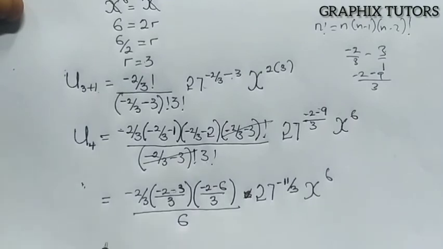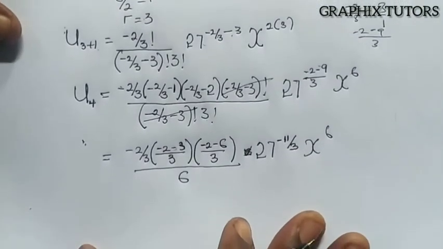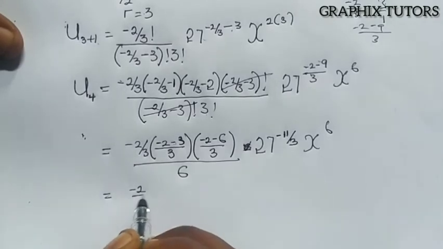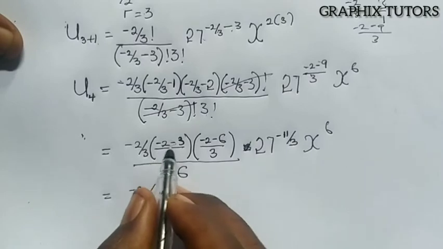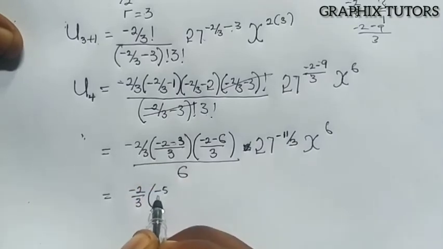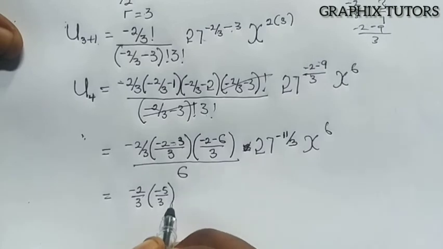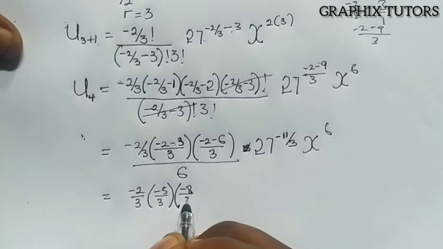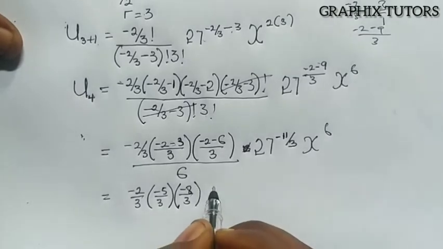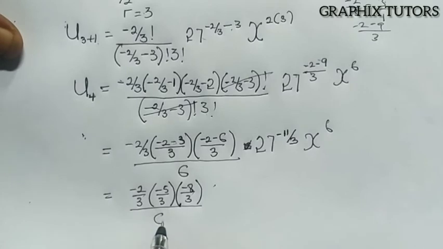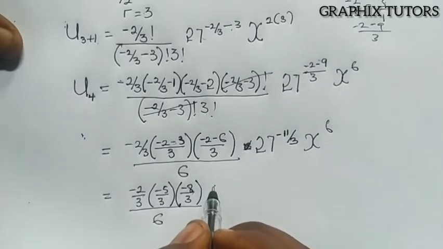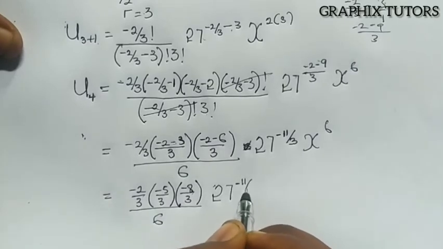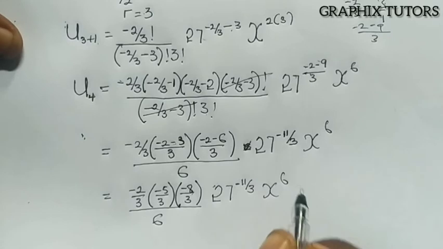So from here, if you move forward, you'll have minus 2 over 3 into bracket, minus 2 minus 3 is minus 5, all over 3, close the bracket, minus 2 minus 6 is minus 8, all over 3, close the bracket, and everything all over 6. So we have 27 to the power of minus 11 over 3, and we have x6.